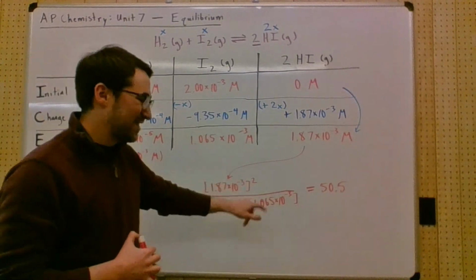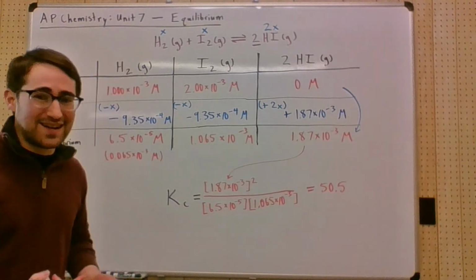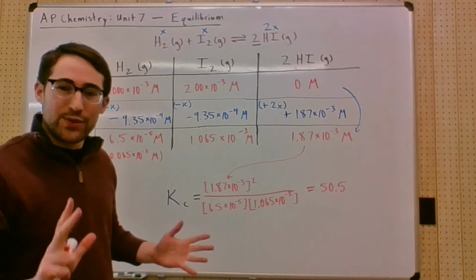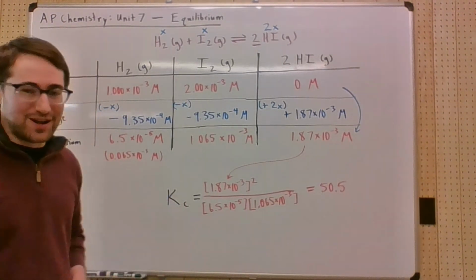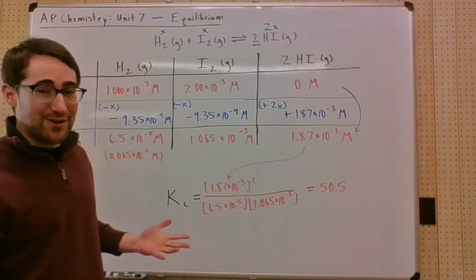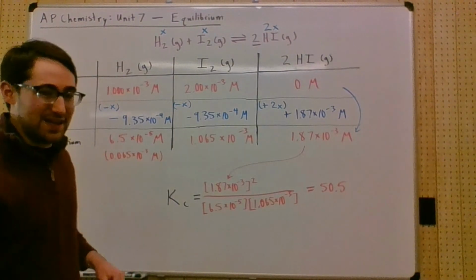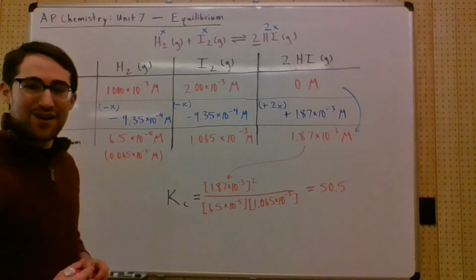But exponents kind of make this weird, so we don't usually say we have more products, because that might not necessarily be true. We say that the products predominate the reaction. If your equilibrium constant is greater than 1, your products are predominating. If you have an equilibrium constant that is less than 1, your reactants are predominating.